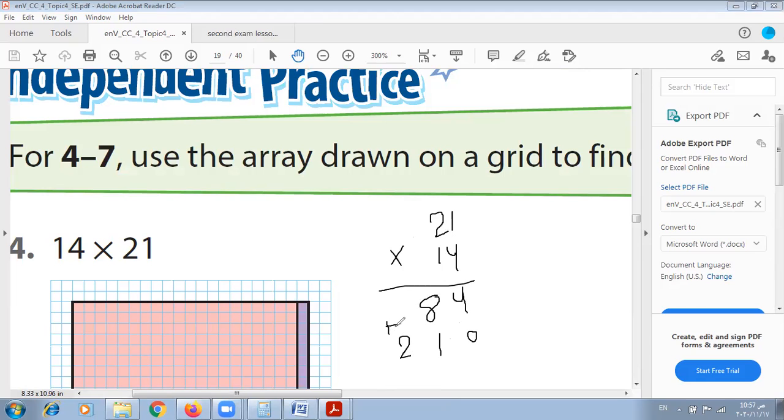Then I will add. Now 4 plus 0 is 4. 8 plus 1 is 9. Nothing plus 2 is 2. So it's 294. Without looking at these arrays, we say we don't want to use the arrays. Okay?